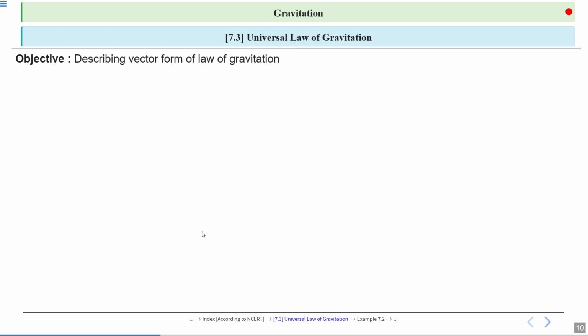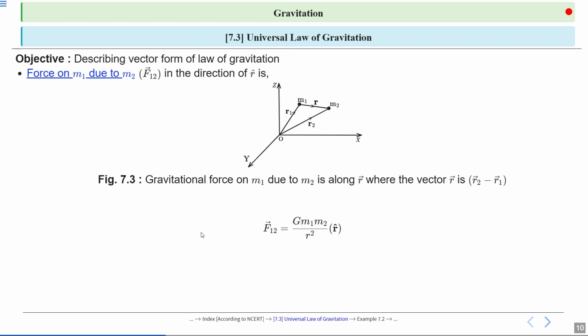Now continuing with the vector law of gravitation. Let's focus on the force exerted on m1 due to m2. This force is denoted as F12. F12 acts in the direction of the unit vector r cap.